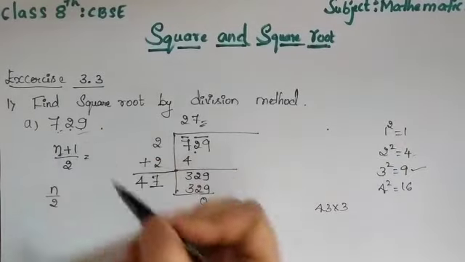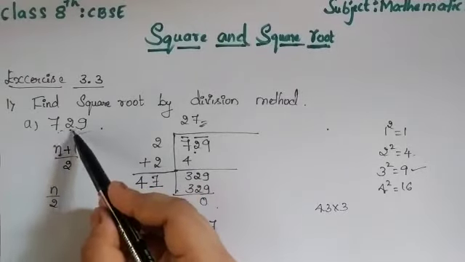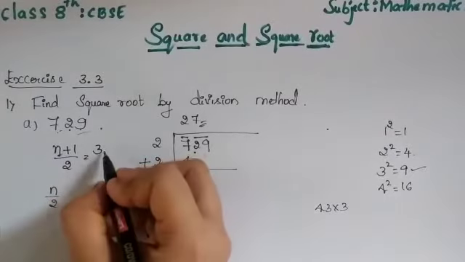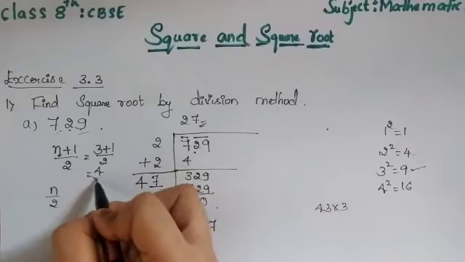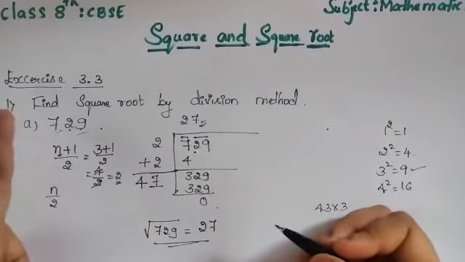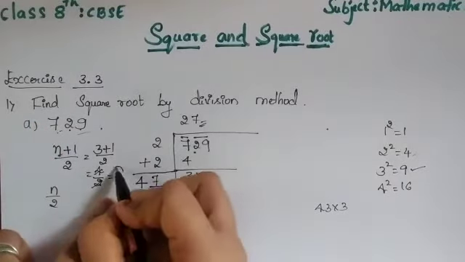Here, what is the n value? The n value means how many digits are there. See here: 1, 2, 3. 3 digits are there, so n should be 3. 3 plus 1 divided by 2. 3 plus 1 means 4, divided by 2, I'll get the answer 2. That means the square root of 729 will be in 2 digits.